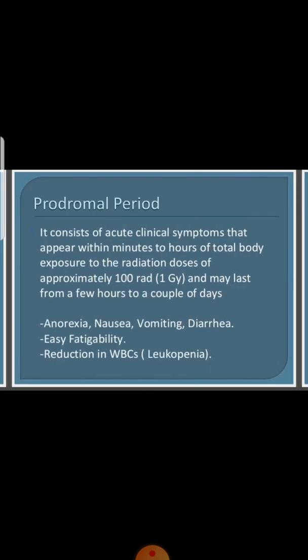If we talk about the prodromal period, this is basically a period in which a person will start showing the signs and symptoms of radiation sickness, and that can appear within a matter of minutes to hours. It has a threshold value, and the prodromal period will occur at radiation doses above approximately 100 rad delivered to the total body.